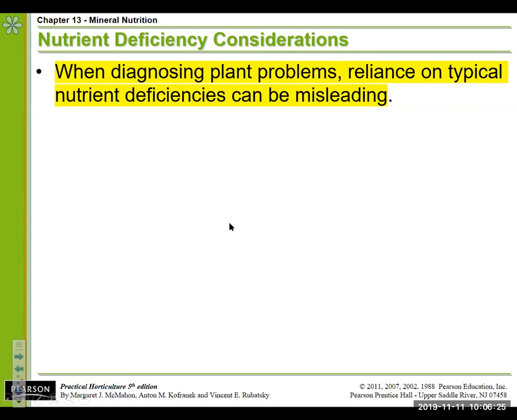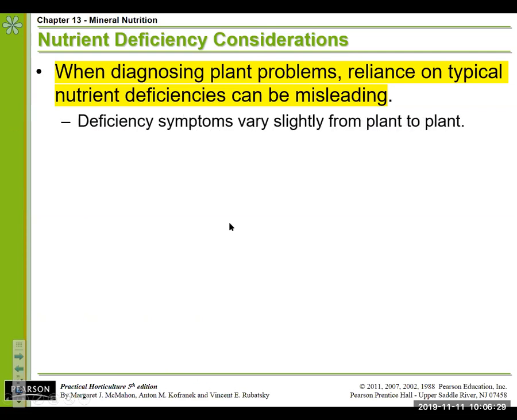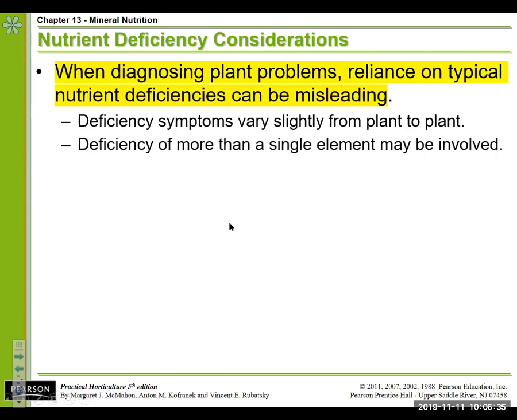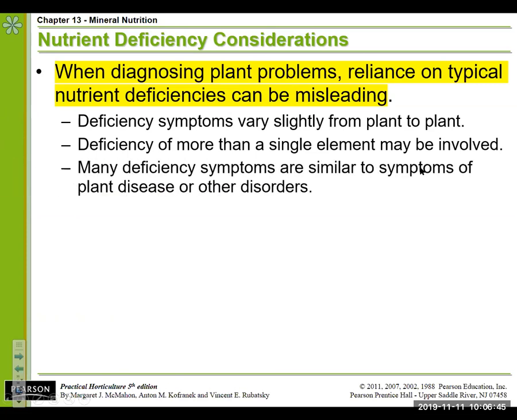It's difficult to rely just on one thing. It can be misleading because the deficiency symptoms can vary from plant to plant or crop to crop. And often, if we have one element deficient, usually there's more than one, and that compounds it, and you can get symptoms that can really look different as a result.